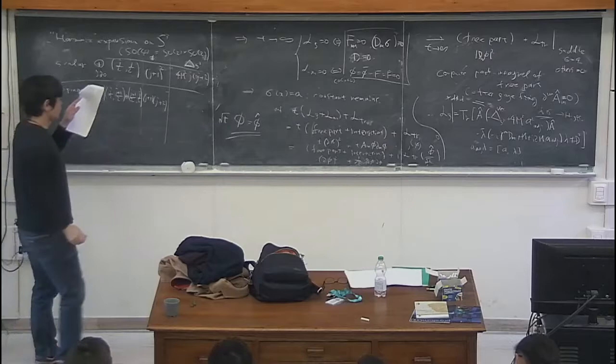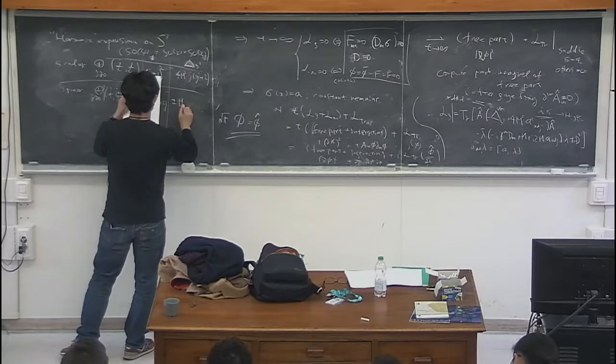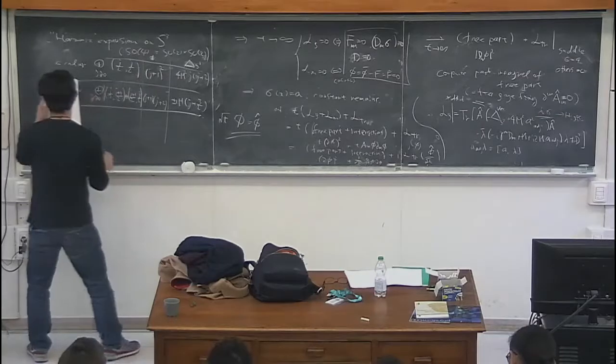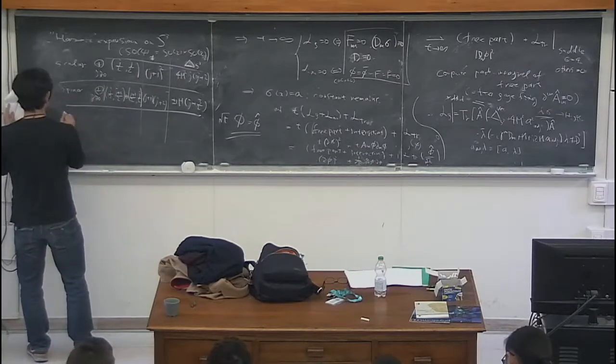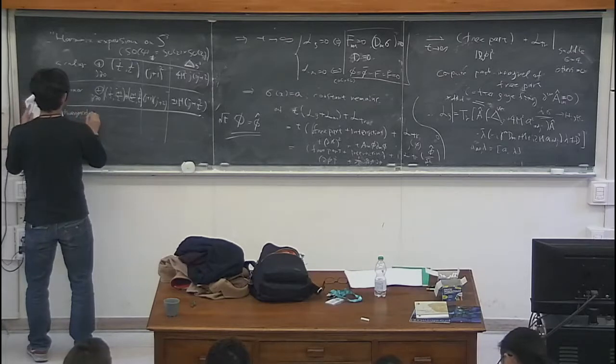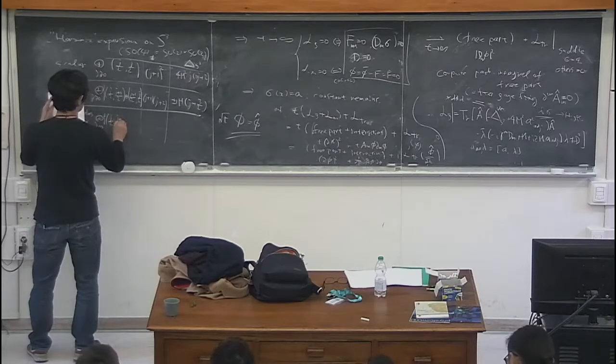And this one is like the divergence-less vector. In this case there is also a shift of spin 2.